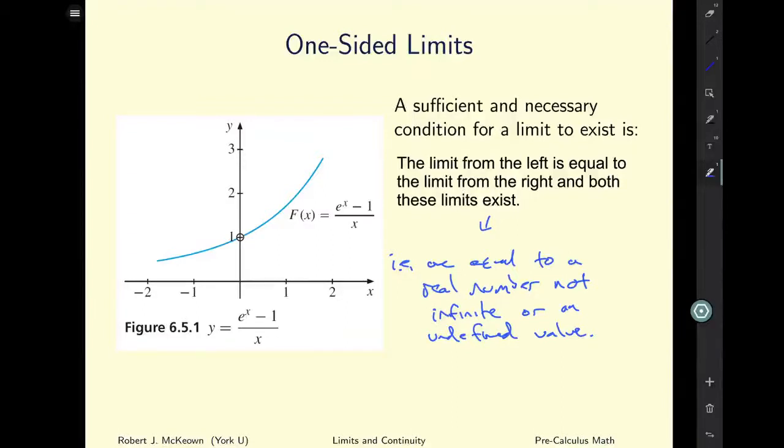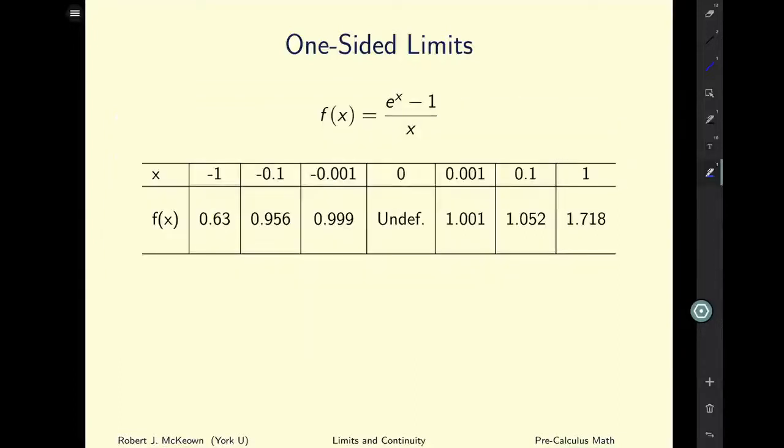And so if we want to show that the limit exists, we want to show that the limit from the left is equal to the limit from the right. And if they don't, then the limit itself cannot exist. Here's our numeric example that we used to show that this function had a limit when x was equal to 0.